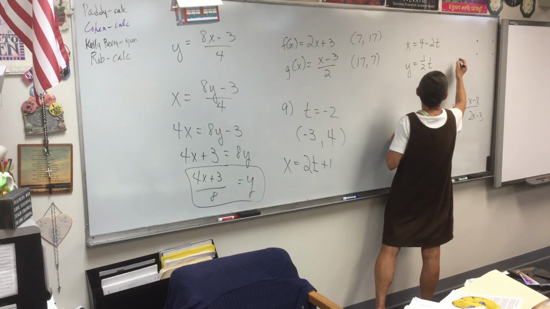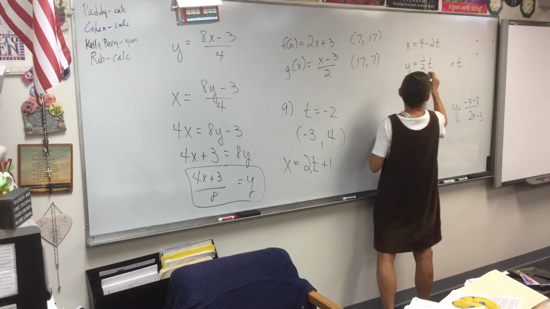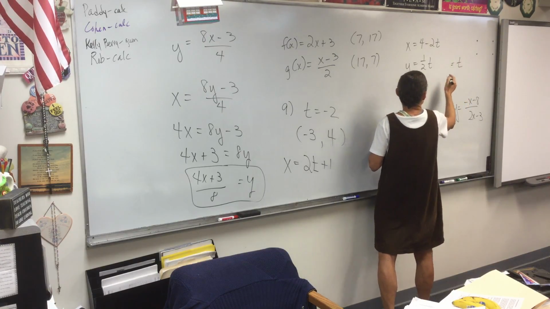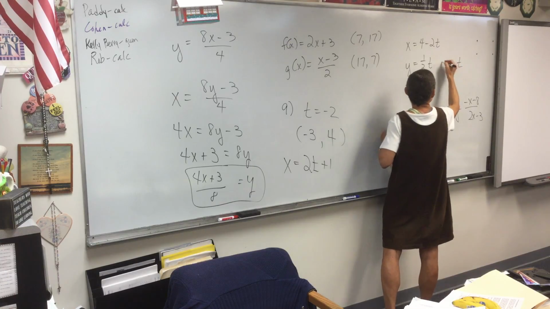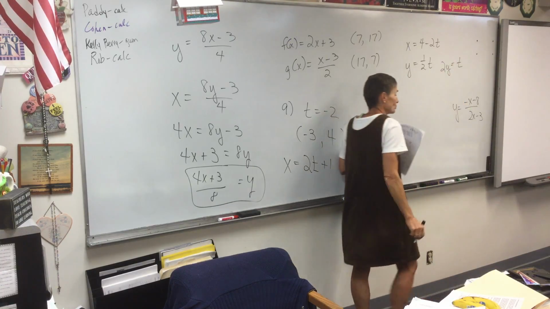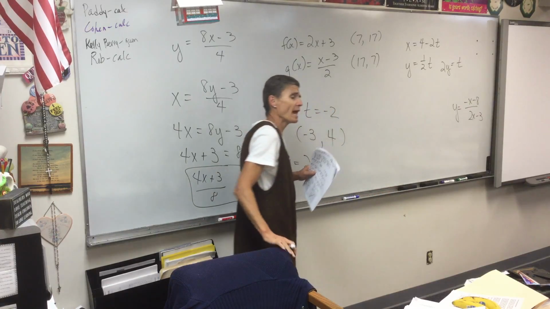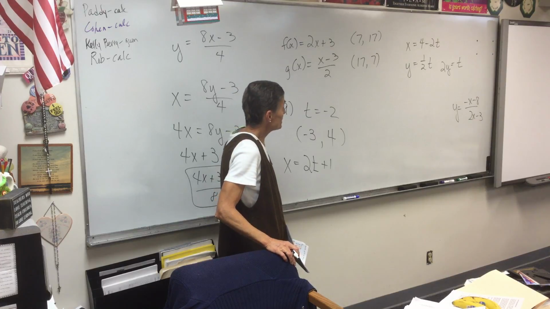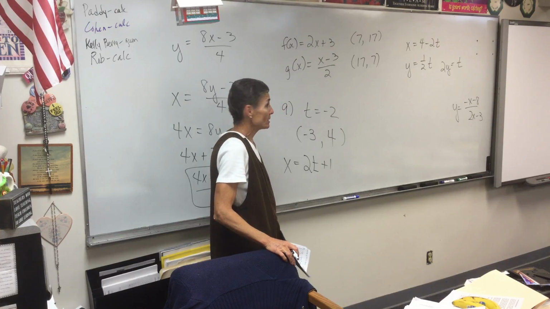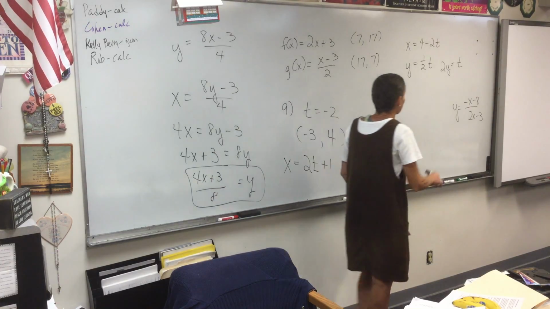I'm going to rewrite this equation as T equals what? What does T equal if I get it alone? How would I get T by itself? Well, I really don't want to divide by a fraction. What would be another way I could do that? Multiply by 2. Dividing by 1/2 is the same as multiplying by 2, and that's easier. So T equals 2y.